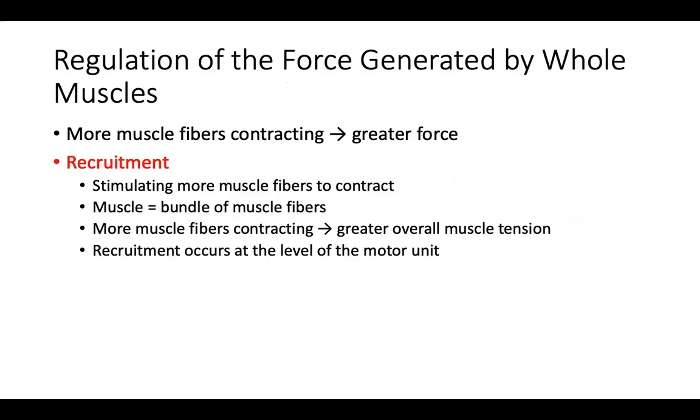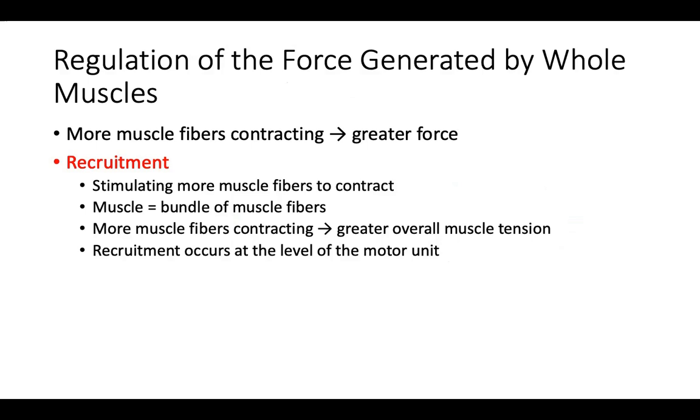How do we change it, right? We talked about the factors that will increase it, but how can we manipulate that? If we want more force generated, we're going to need to call on more fibers. I introduced this idea the last time: when a muscle is contracting, if I'm lifting a piece of paper, which is relatively light, I'm not actually using all the fibers in my biceps, for example.